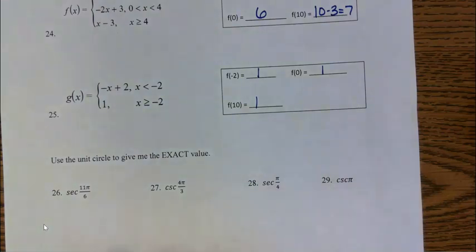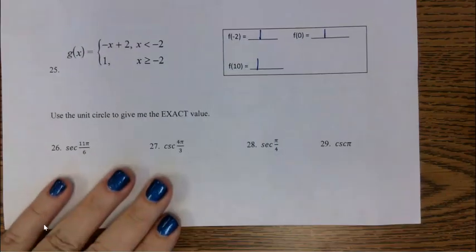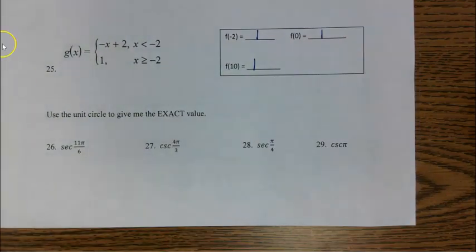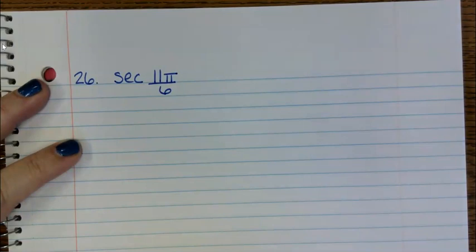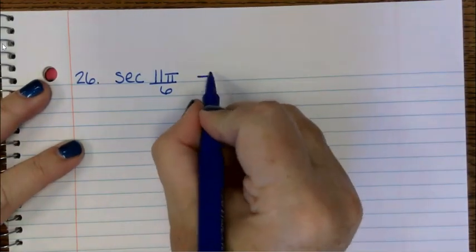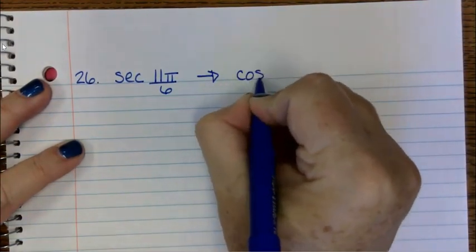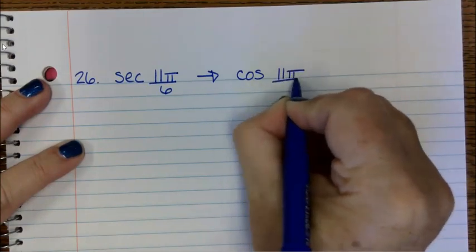Okie dokie. Now here, I'm going to just get my unit circle, and I'm going to get a piece of paper. I have a feeling I'm going to write a lot. Okay, so we need to get our unit circles. So this is number 26. So this is secant of 11 pi over 6. So remember, secant is the reciprocal of cosine of 11 pi over 6.